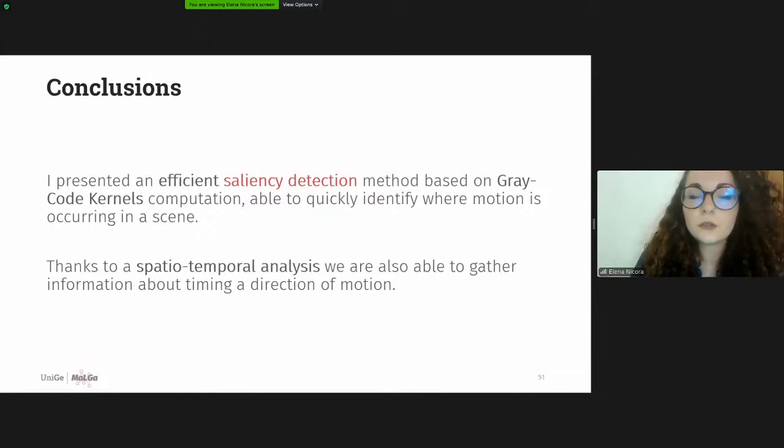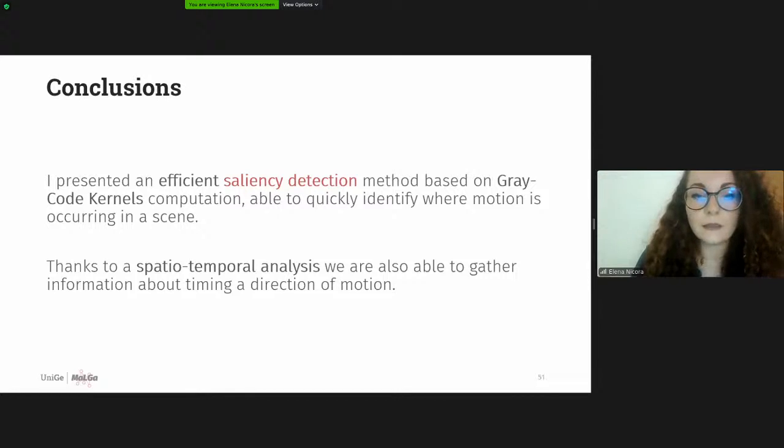So in conclusion, Gray Code kernels give you an efficient way of computing cascading convolutions of a set of kernels on an image, and using 3D Gray Code kernels, we were able to efficiently highlight the salient part of an image in order to quickly identify where motion is occurring in a scene.